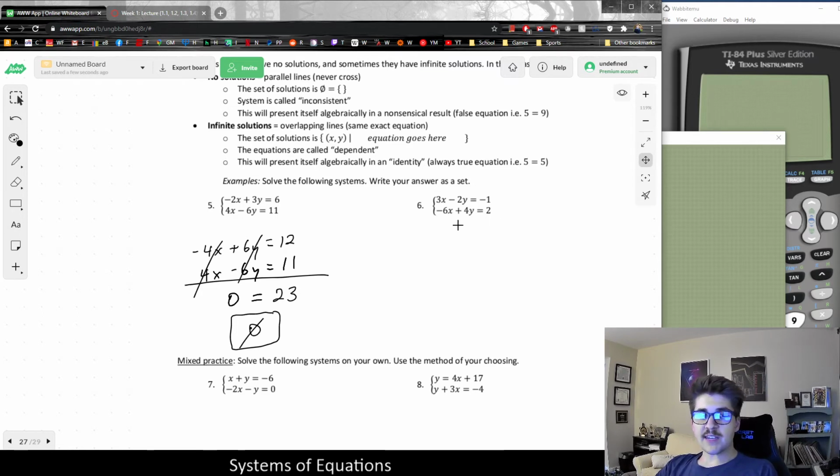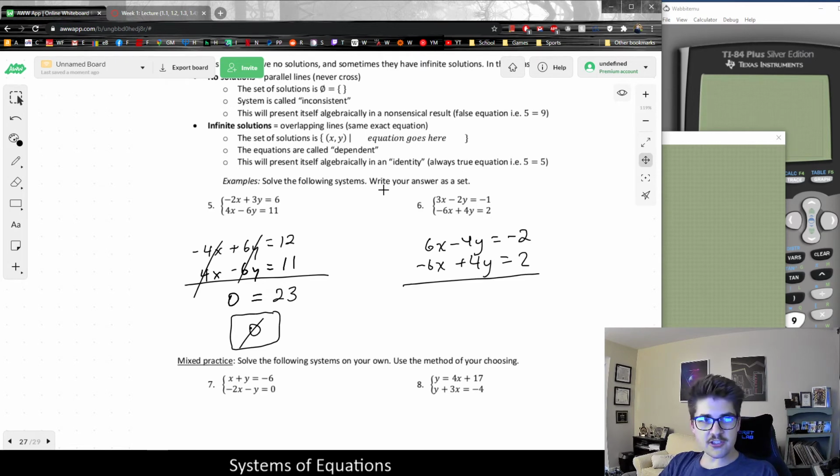Now the second one is very similar, but let's look at the difference. To prep this one for elimination, we could multiply the first by 2 in the same way. That would leave us with 6x minus 4y is equal to -2. And the second equation we can leave alone.